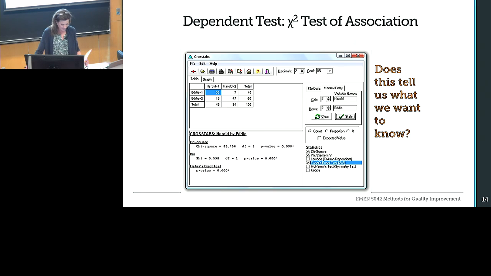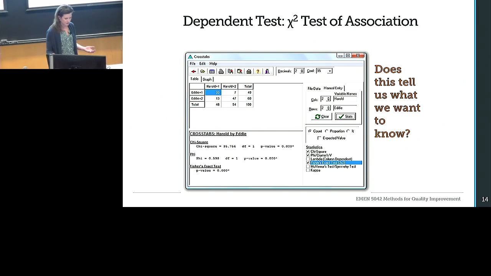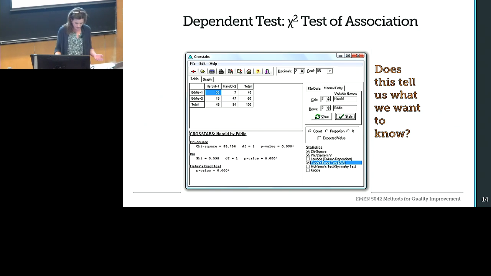Now, another type of test here is related to the chi-square test. This is a chi-square test of association. And really what we're doing here is seeing if there's any relationships between the row and column variables that might be significant. So it's asking the question, is there a relationship here?